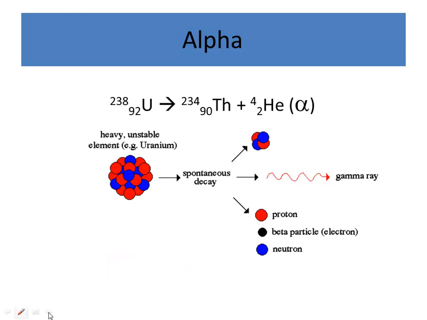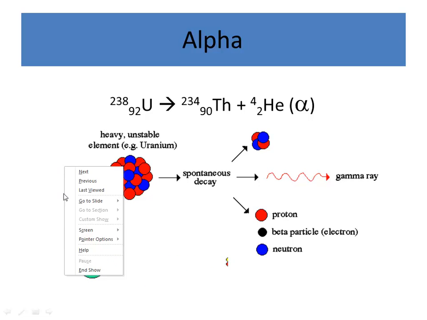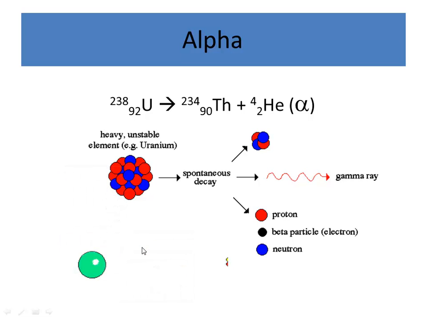This is an example when you have this nucleus and it just breaks apart. So notice a couple things. Notice you start off with this nucleus right here, Uranium-238. It's unstable, it breaks apart, and it gives off this alpha particle. This is the Greek symbol alpha.